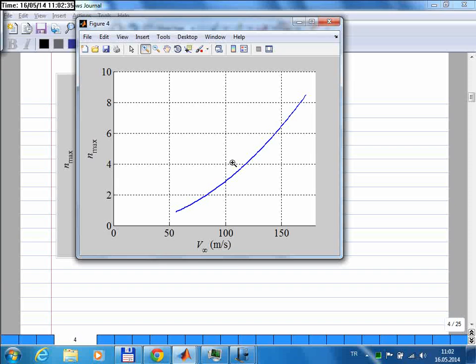So anyways, this just considers the aerodynamic limitations. Okay, so according to aerodynamic limitations, this is the maximum load factor you can have. Okay, but as I said in our last lecture, aerodynamics is not the only limiting factor. You need to consider other things as well. For example, let's see.